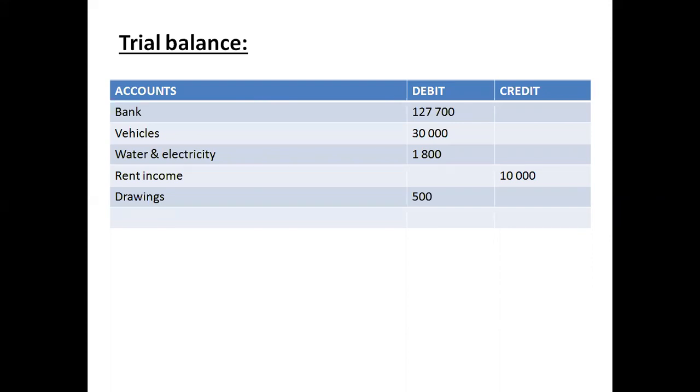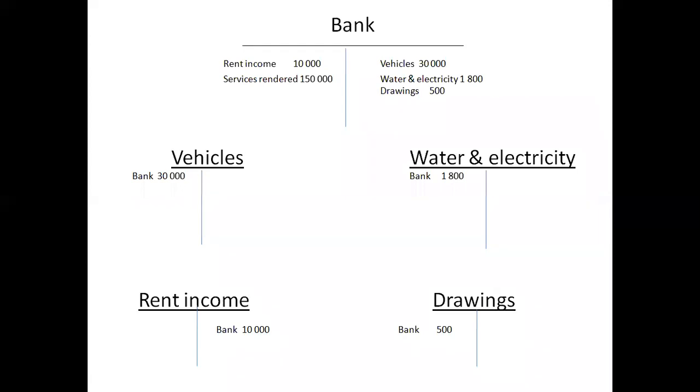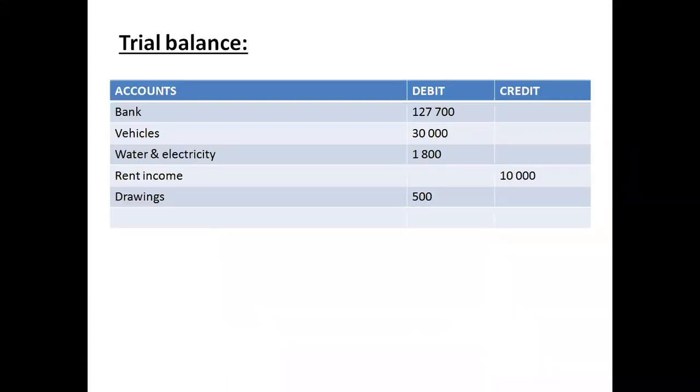If we look at water and electricity, 1,800, you will see the entry is on the debit side. Let's go and check. From the general ledger, there you can see the T account. There's the entry of 1,800 Rand on the debit side. So that means you also need to write it in the debit column in the trial balance.